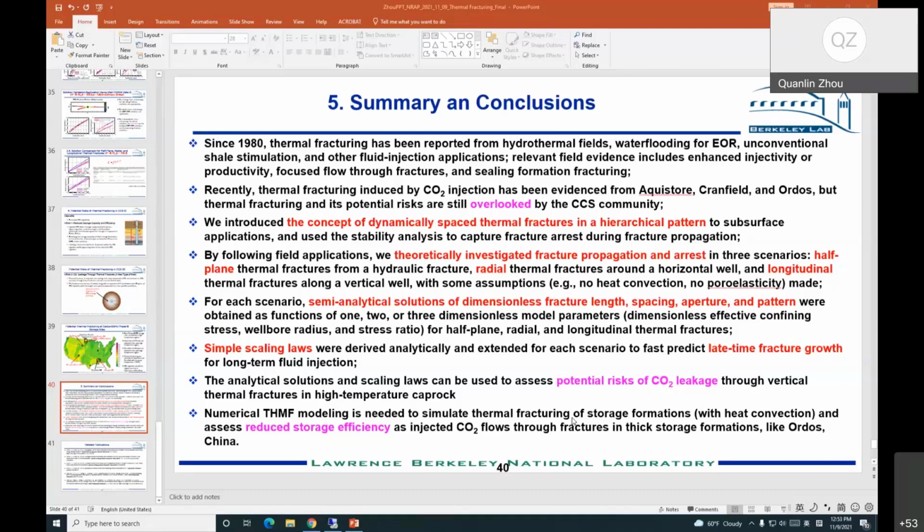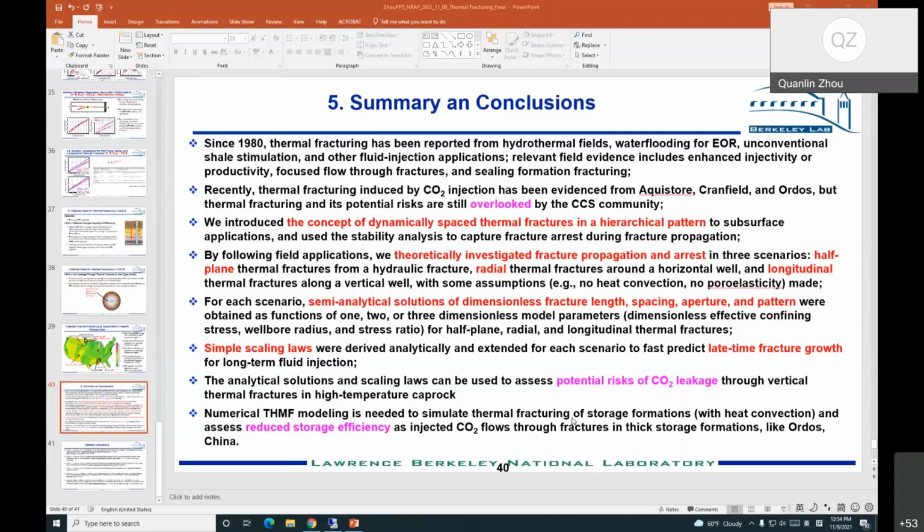From Faro, another question in the chat. Is there a published report or paper available with these results that can be cited? Our papers will be published one by one. The first paper, on the thermal fracturing, we submitted in December 2020.